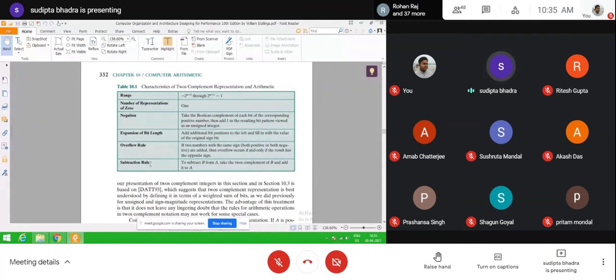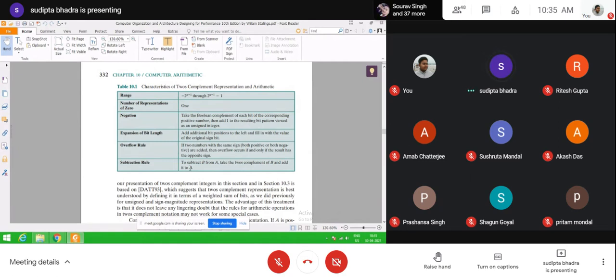And the subtraction rule is: to subtract b from a, take the two's complement of b and add it to a. This subtraction rule is very important. In sign magnitude, we have to perform bitwise subtraction, which requires more computing power.